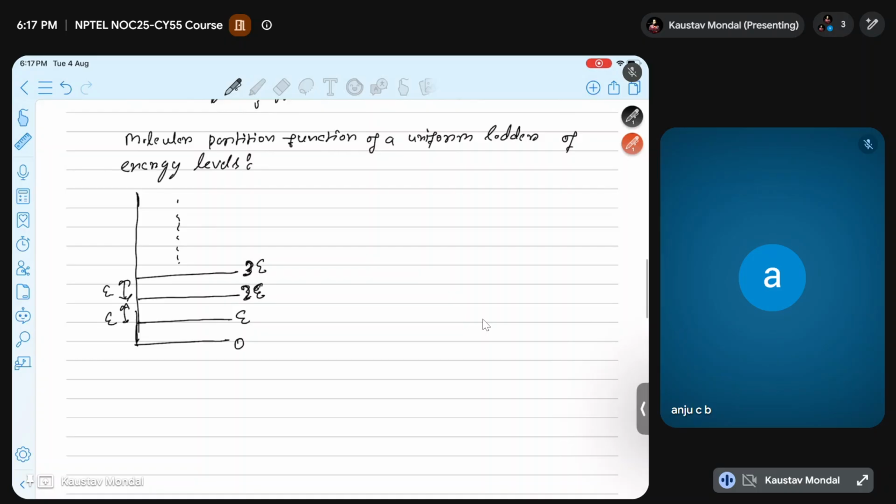In that case q would be the summation over j of e to the power minus beta Ej.